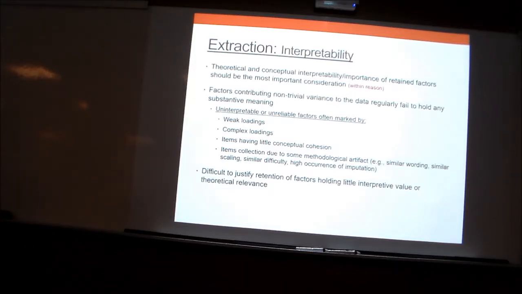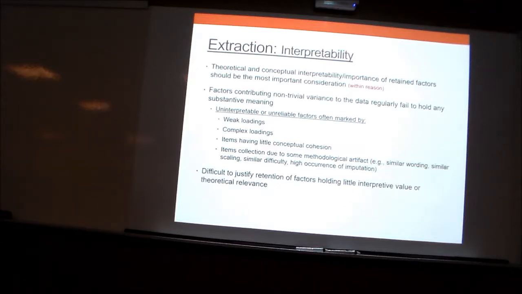Similar difficulty: say in some sort of cognitive assessment, if we have certain items that aren't tapping into the construct, they just all happen to be more difficult, we can start to get loadings there. Or if we have missing values, and we've gone through and mean substituted or used some imputation procedure, we see that the items that have a lot of imputation are all loading on the same factor, right?